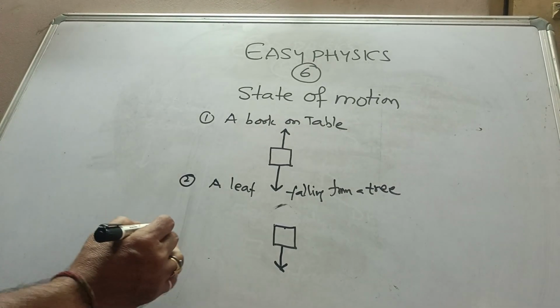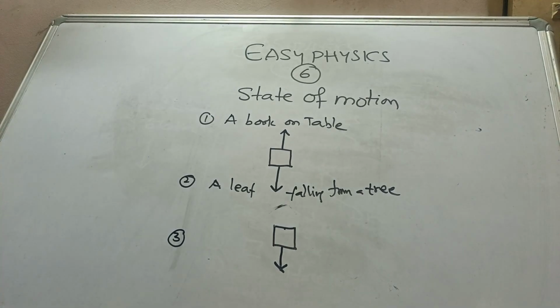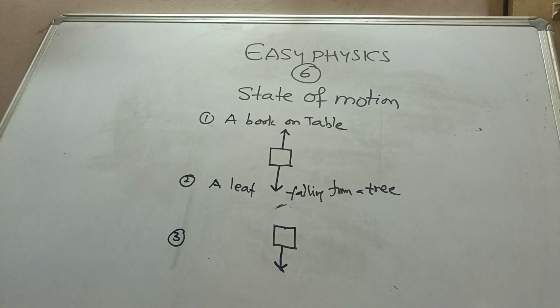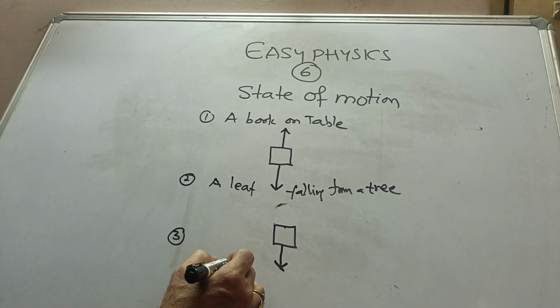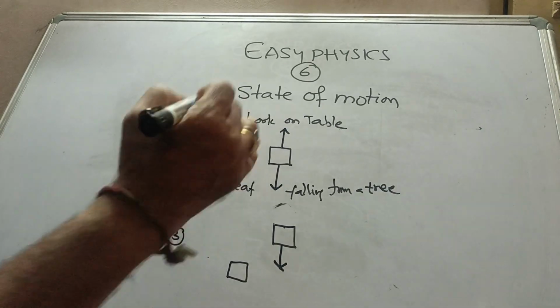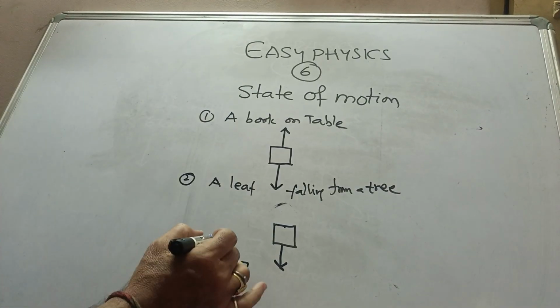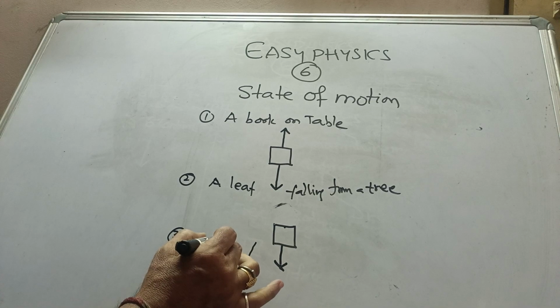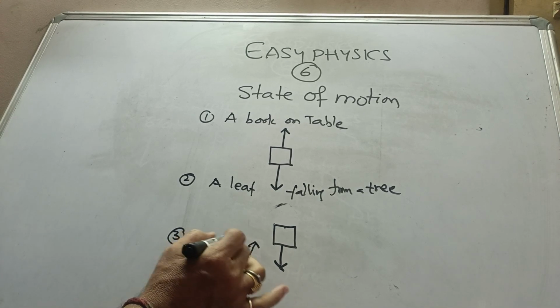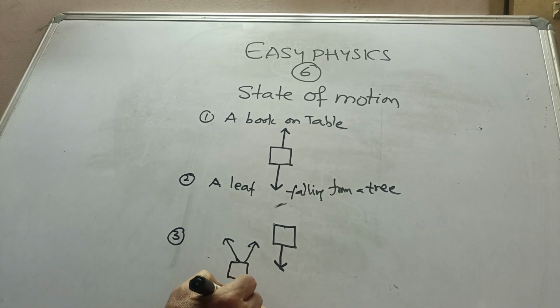Suppose another example: a man is hanging by holding two different hangers. Let us suppose I would like to make the free body diagram. This is the man, and two different forces are acting on him to hold him up, but still gravitational force works on him.